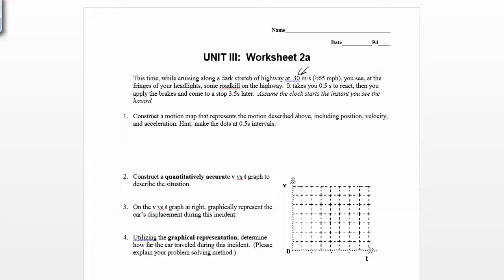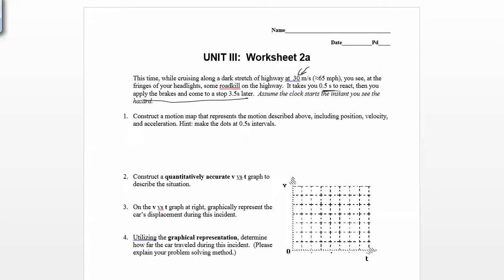Then we apply the brakes and come to a stop. So what we want to do is go through this and answer the questions based on somebody going at 30 meters per second. Half a second after they see something, they step on the brakes.